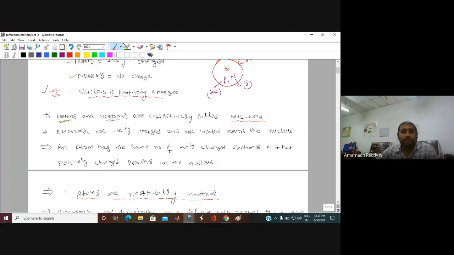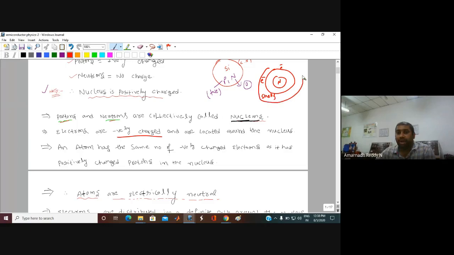Protons and neutrons are collectively called nucleons. What is there in the nucleus, we call nucleons; protons and neutrons are called nucleons. Electrons are negatively charged and are located around the nucleus. If you take a nucleus, electrons revolve in the orbits or shells.